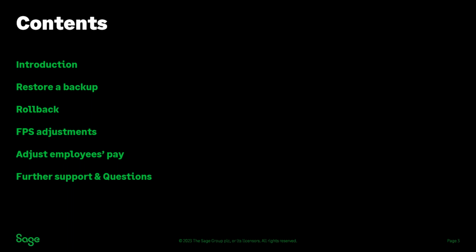Now, if you have been back to reprocess, once you've corrected the values in your payroll, you will need to submit them to HMRC. So we'll explain how FPS adjustments work and how to send them. And then we're going to explore adjusting your employees' payments and other items such as payments to HMRC, pension contributions, or even nominal link entries. And then at the end, I'll run through some of the further support available, and we'll stick around for a little while to make sure that we have answered as many of your questions as we can.